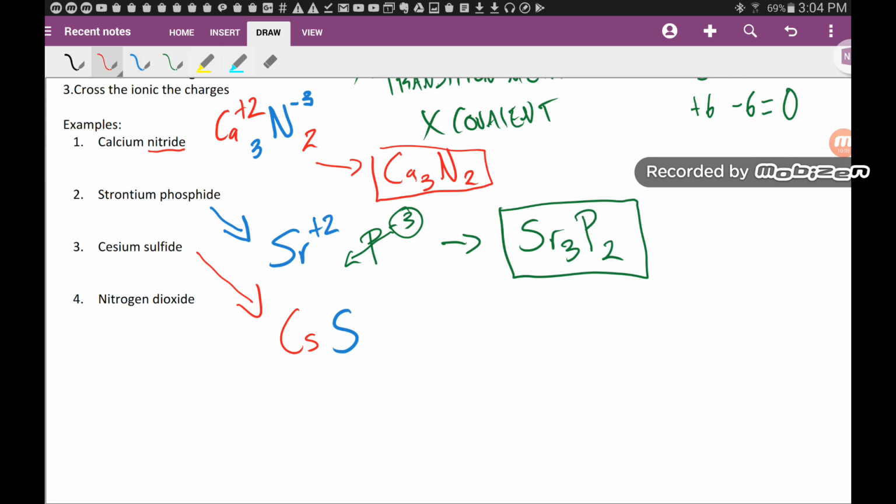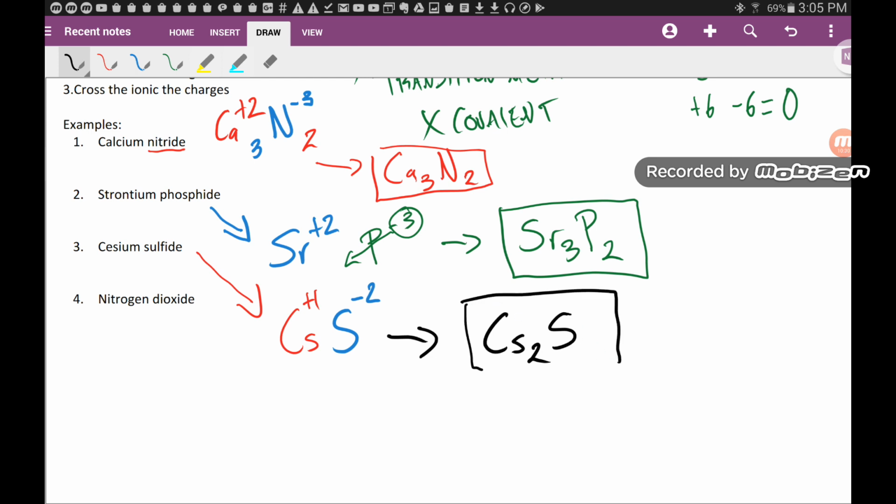So we have cesium, which has a charge of +1, and sulfur has a charge of -2. After we cross our charges, we are going to obtain Cs with the little 2, and S with the 1, and the 1 you don't have to write it down, so this will be your formula for cesium sulfide.